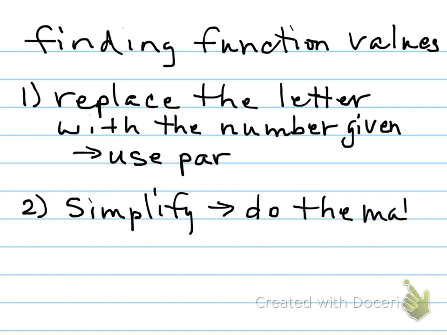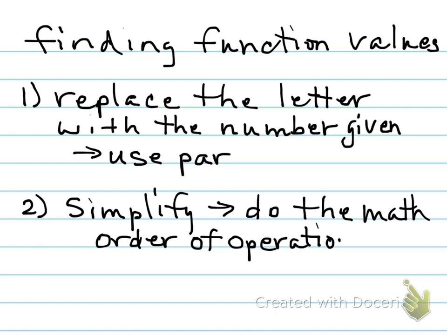And if you'll remember, in the first chapter, we looked at the order of operations. So you have to pay close attention to the order of operations anytime you're doing any mathematics. If you don't follow the order of operations, then you're not going to get the correct answer. Right? And once you've done that, then you have your answer.